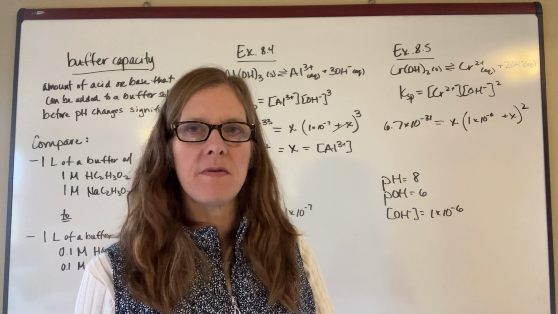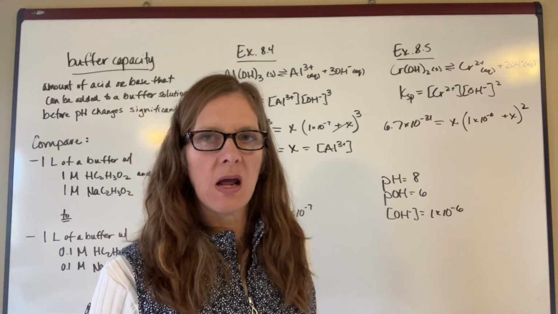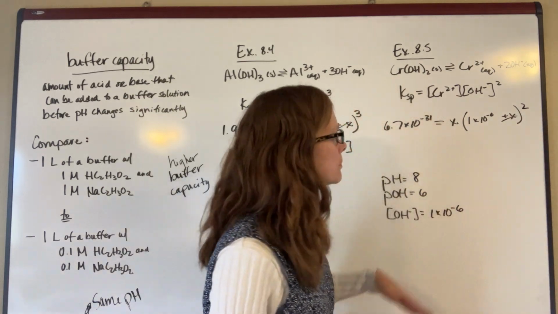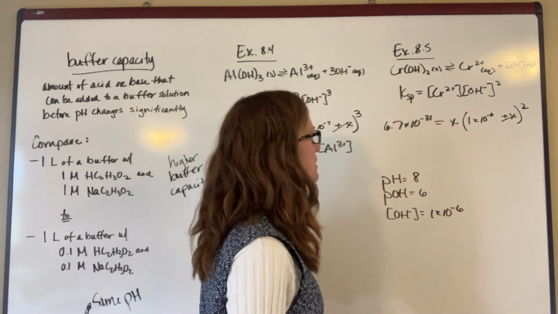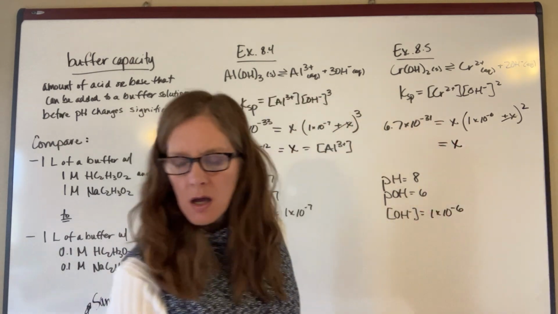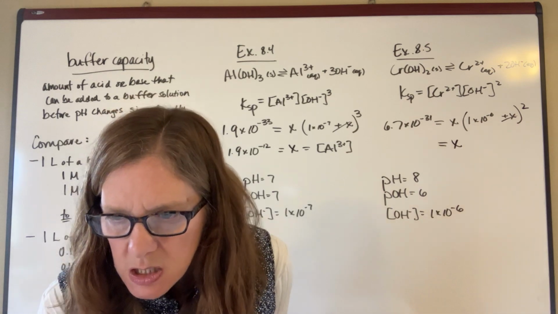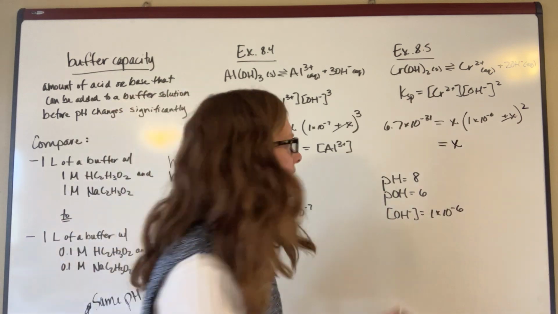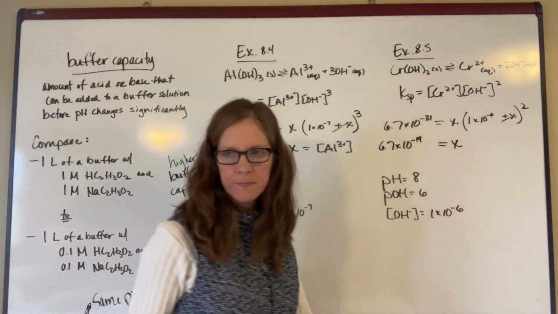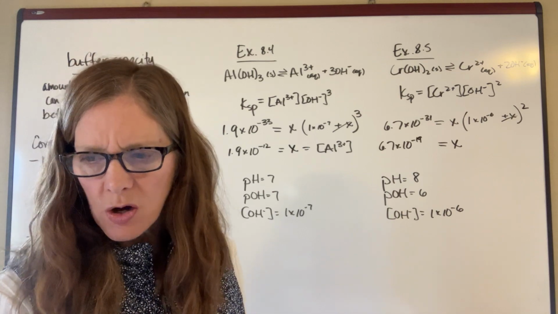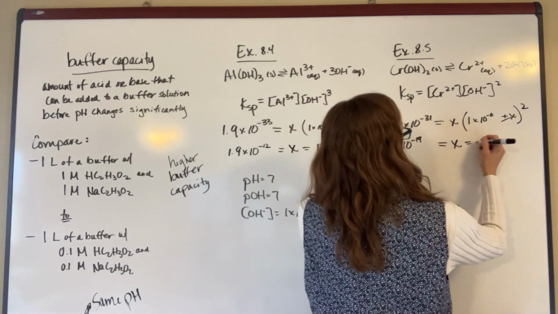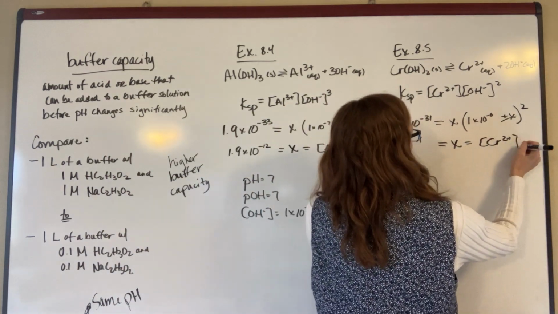Once again, I have a very, very nasty equation that I have to solve if I can't assume that this is little. Luckily, we can assume that this is going to be small. And so when I solve this, my x comes out to be 6.7 times 10 to the minus 19th. And so for 1 liter, this is also going to be my chromium ion concentration.